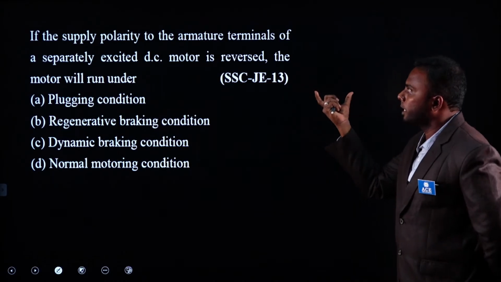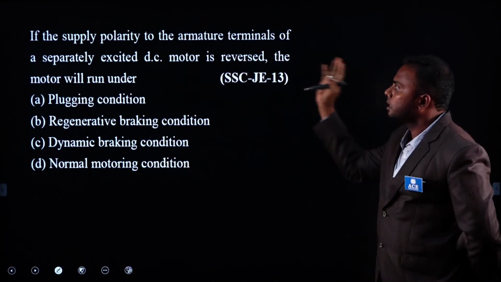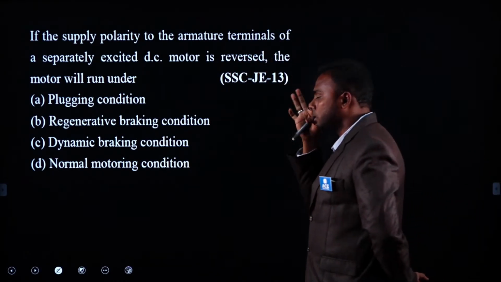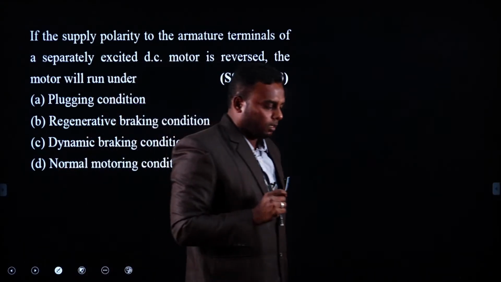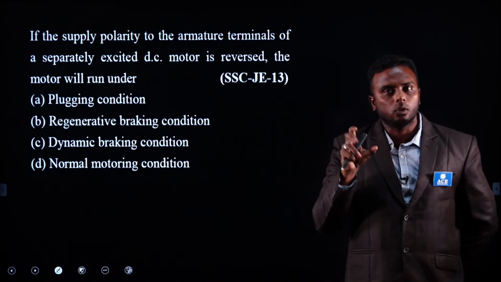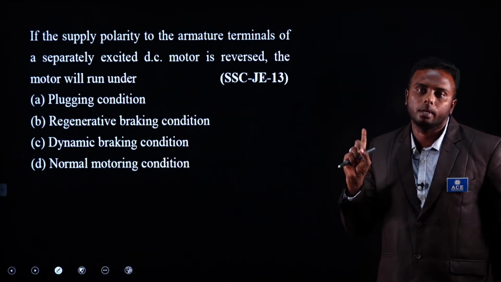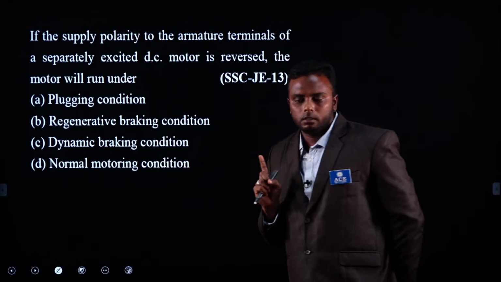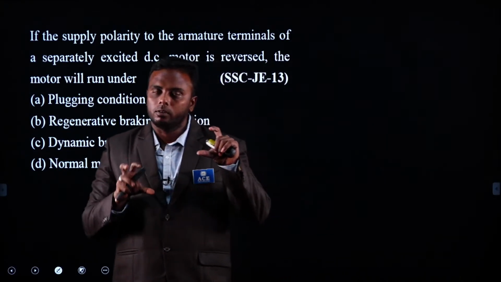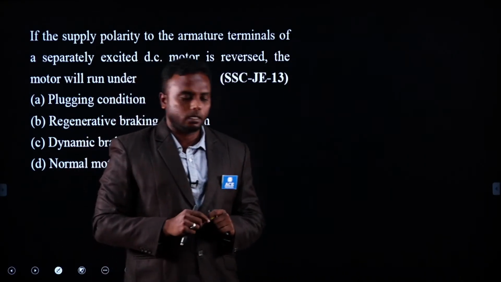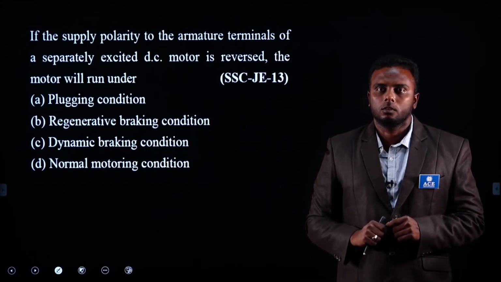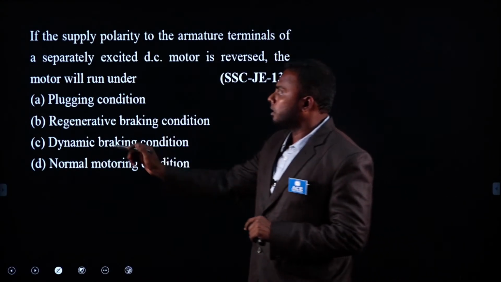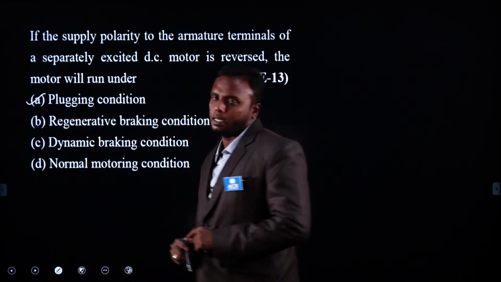What happened? In which of the braking are we reversing the terminals to the armature? Only plugging. Only in plugging do we reverse the supply polarities to the armature. But in dynamic braking, we are not giving supply to the armature at all. So only plugging. This is the plugging condition directly.